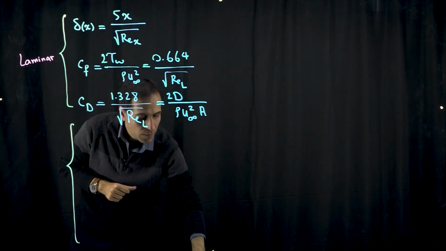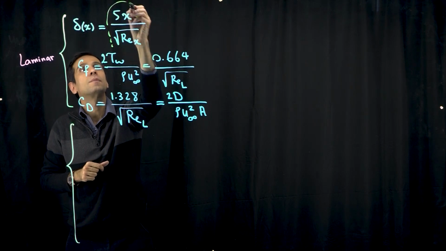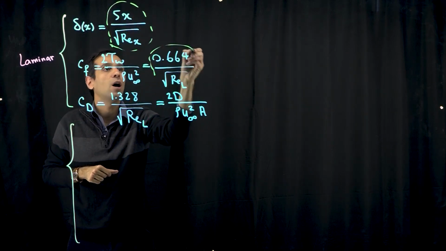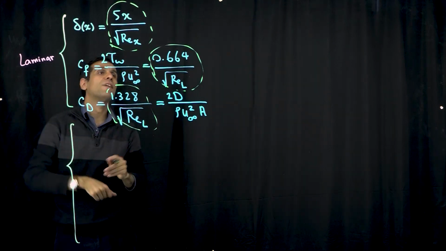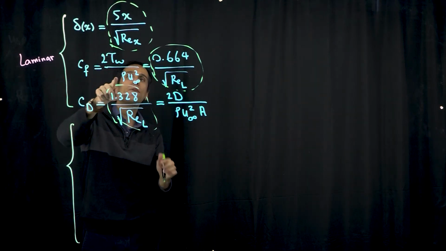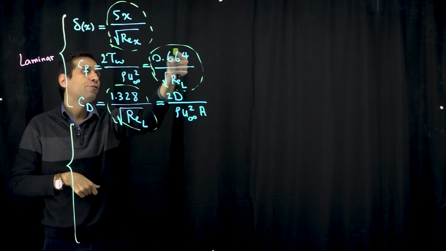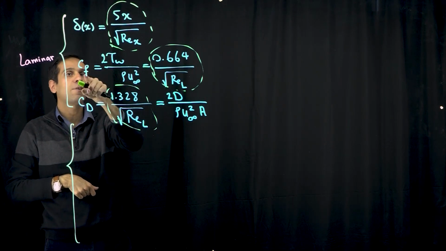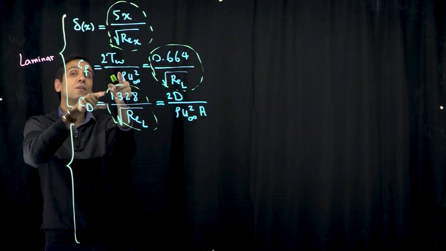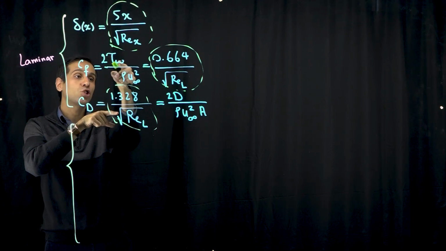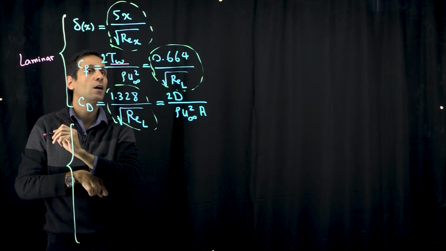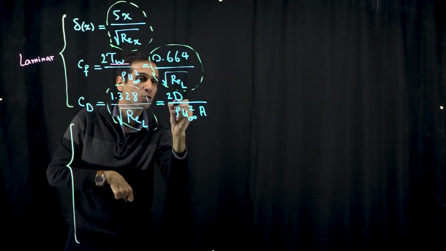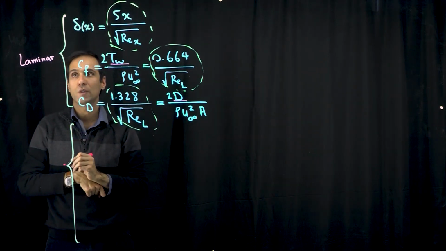There is one equation that can help us to find those values, and the other one is a definition. So from these equations, I can find CF and CD. Then I can use the definition, I can find shear stress and D. So at the very end, I can find tau of the wall and also drag with these equations.